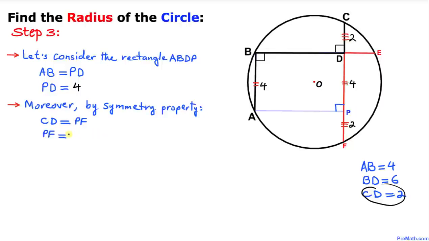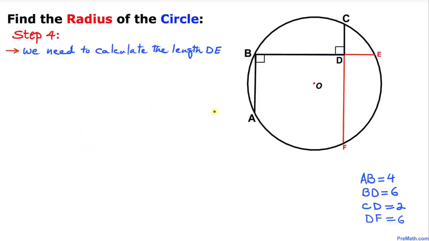So thus the total length of this DF is going to be 4 plus 2, which is 6 units. And in this next step, we are going to calculate the length of this side DE. We need to find that out.